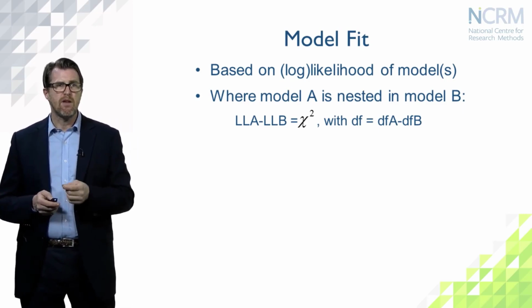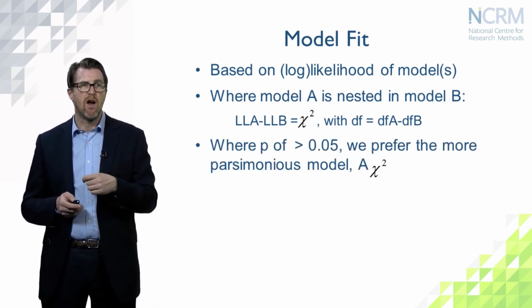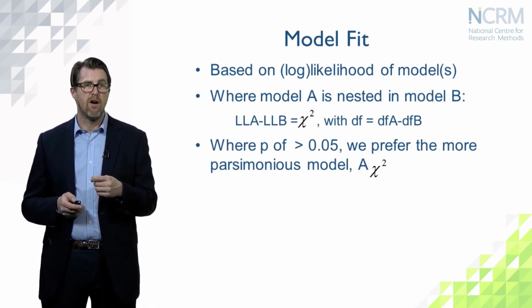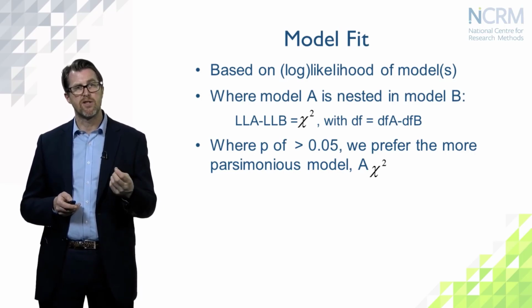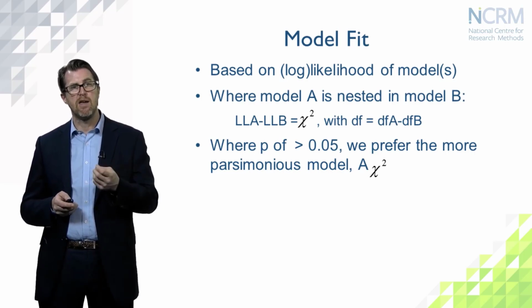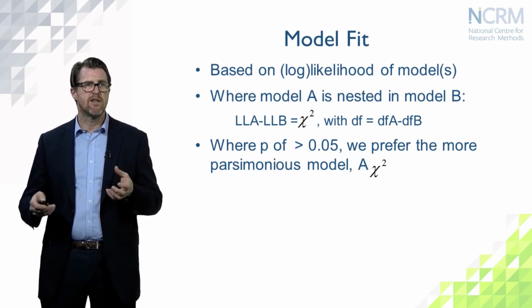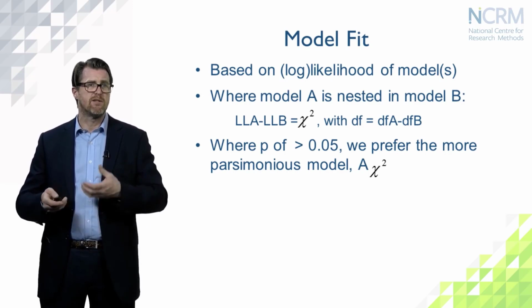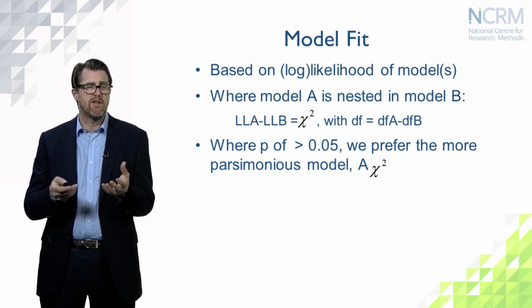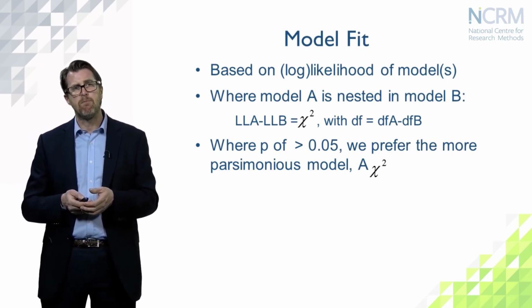Now, if our value of chi-square has a p-value greater than 0.05, then we will prefer the more parsimonious model, model A. Because what we're saying here in this situation is that the models are not different with regard to one another's likelihood values. That we say that the likelihoods are essentially the same.